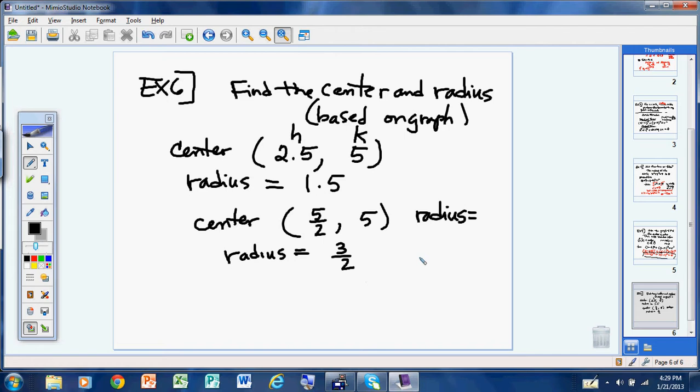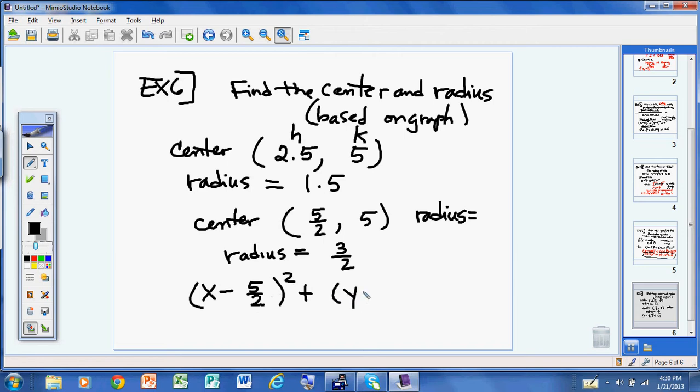Alright, so now let's put this in the right form. That means you've got x minus 5 halves squared plus y minus 5 squared is equal to 3 halves squared.